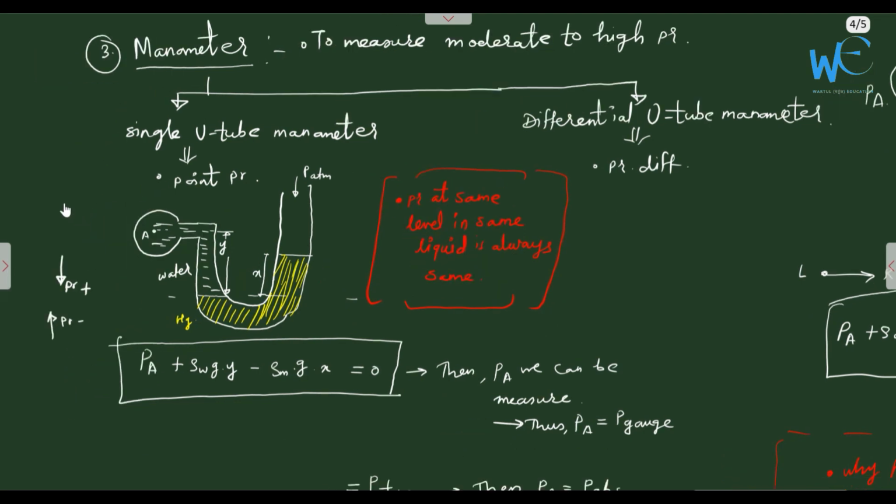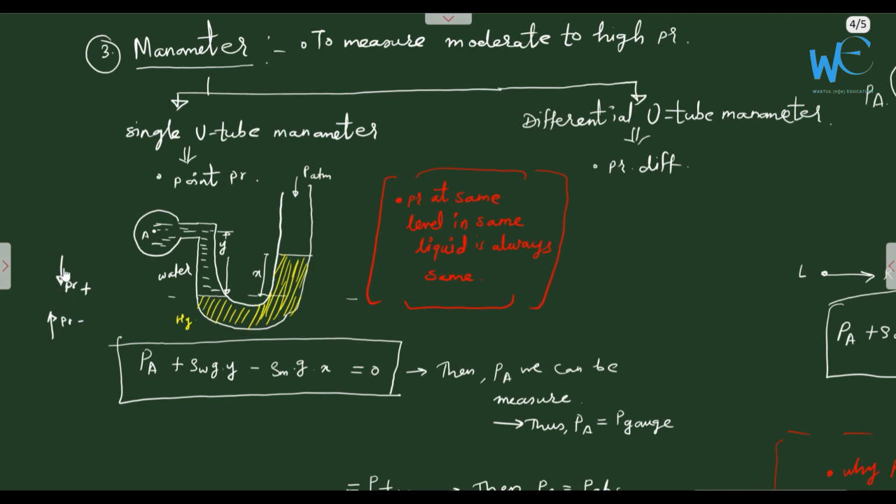The single U-tube manometer we use to get point pressure, and the differential U-tube manometer we use to get the pressure difference between two points.